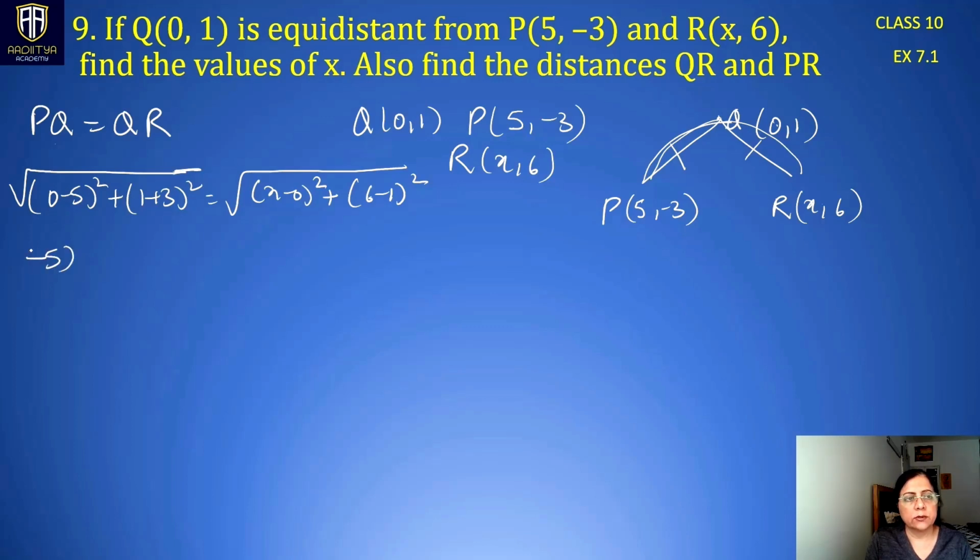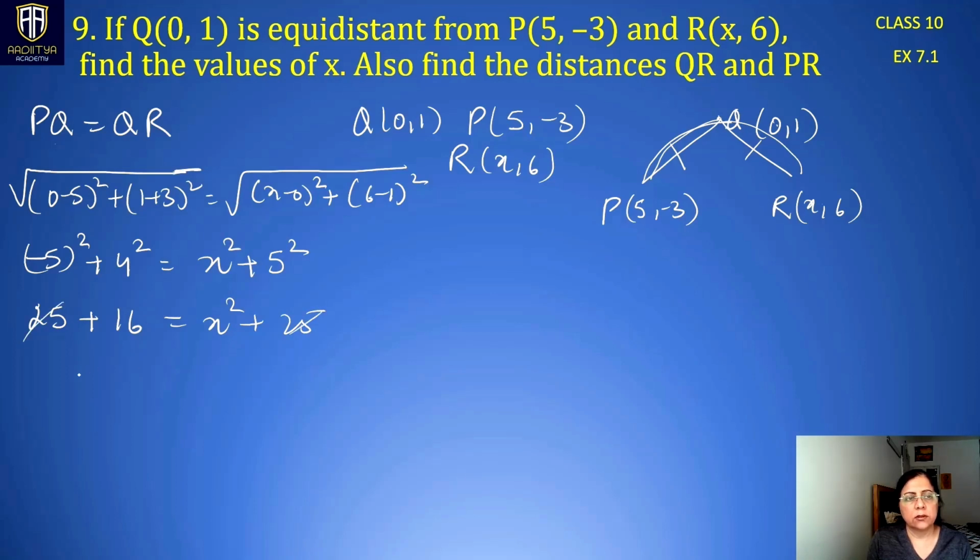So we have minus 5 square added to 4 square. x square added to 6 minus 1 is 5 square. So we have 25 added to 16 is equal to x square added to 25.